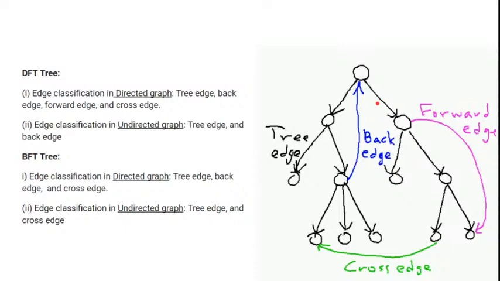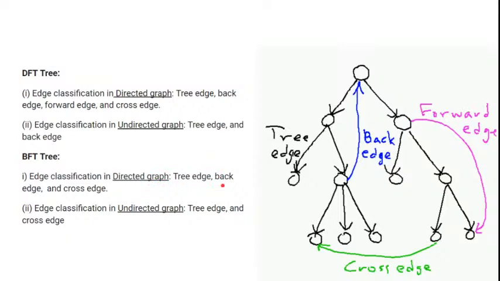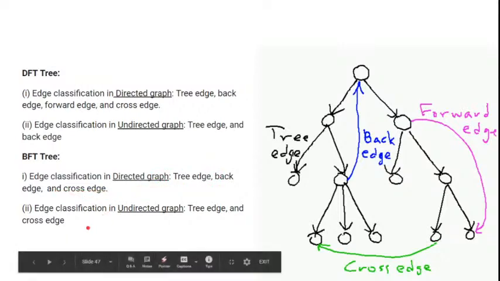In the breadth first search tree, the edge classification in a directed graph is tree edge, back edge, and cross edge. But in the undirected graph, there is a tree edge and cross edge for the breadth first search.